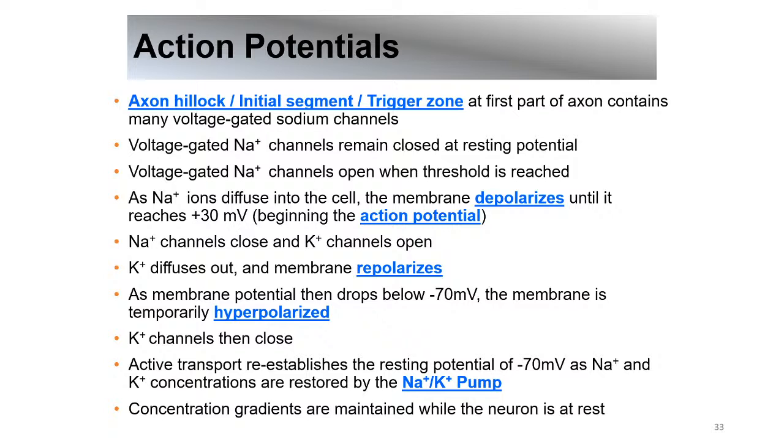All right. So the axon hillock is that region where we initiate or trigger an action potential, and it contains a lot of voltage-gated sodium channels. The voltage-gated sodium channels remain closed when we're at resting potential, which is around -70 for a neuron. However, they open when we reach threshold.